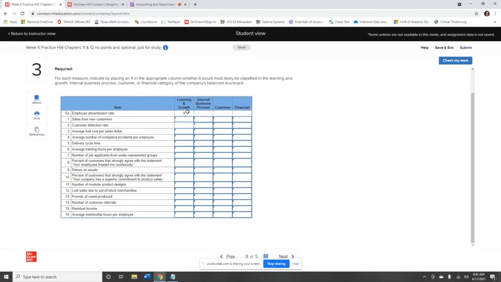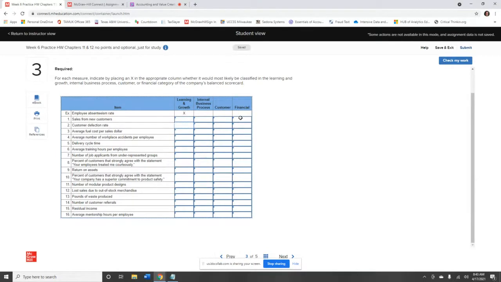To give you an example, which one of these columns would employee absenteeism rate go in? Well, that's learning and growth. And if I look at the exhibit from page 538, there it is, absenteeism rate. So yes, I can pick that. Okay, sales from new customers.